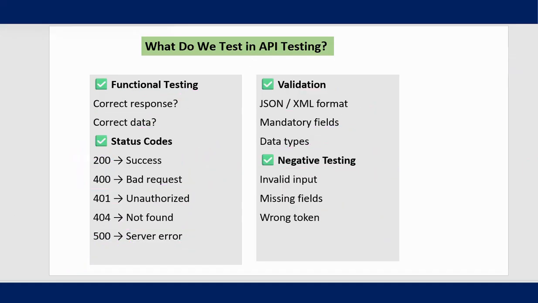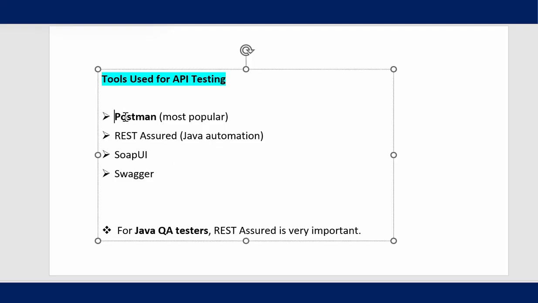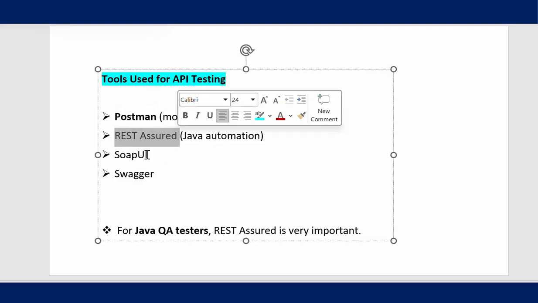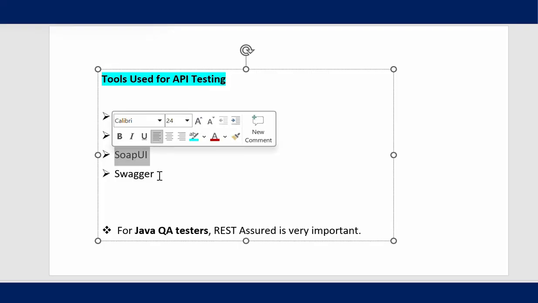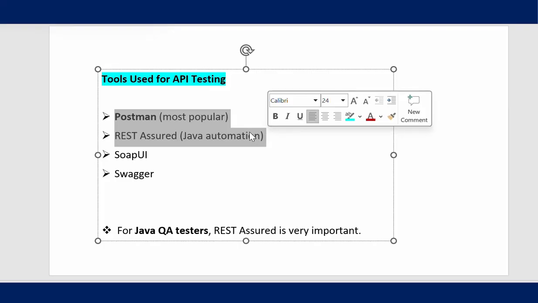And then tools. Which kind of tools do we use in API testing? The most popular is Postman, and then we have Rest Assured for automation, and SoapUI and Swagger. So generally, these are the most common.